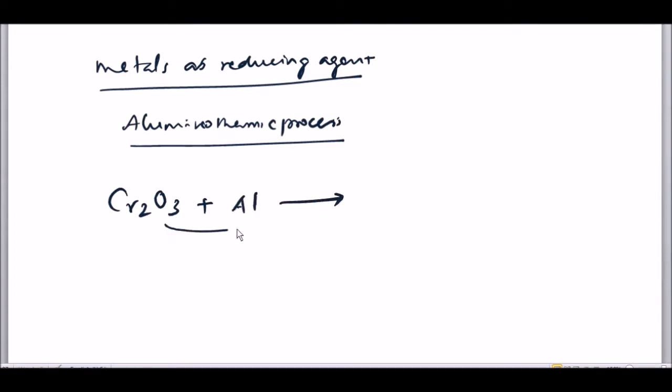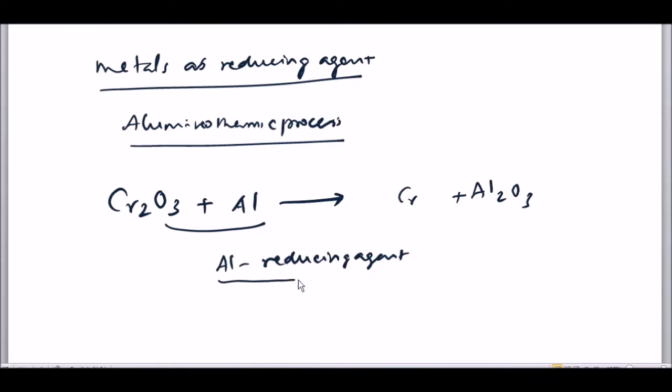Aluminium can accept this oxygen to form Al2O3, so that the Cr is separated out. This is a procedure called the aluminothermic process, where the role of aluminium is a reducing agent. It shows that aluminium is more electropositive than chromium, and hence chromium oxide can be reduced by using aluminium. It's a highly exothermic process.